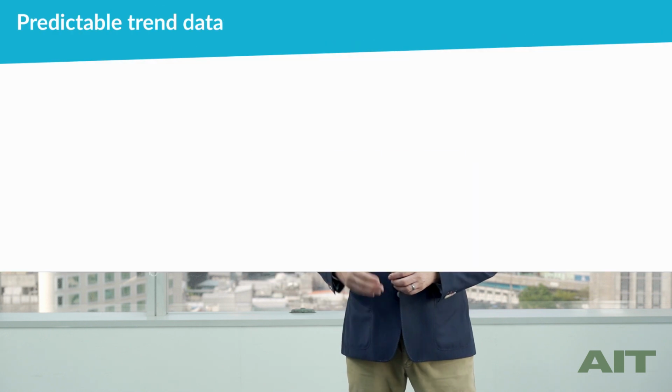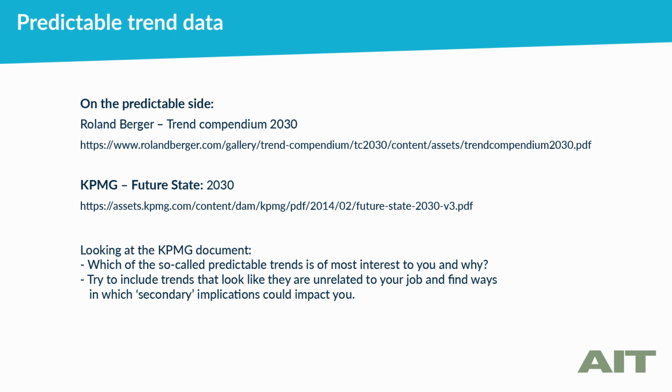Okay, so what I'm going to point out to you now is a link to the KPMG document called Future State 2030. If you click on that link, or you click on the Roland Berger Trend Compendium 2030 link, both of these show different types of trends. What I want you to start looking through is, what might you consider to be more predictable and unpredictable?